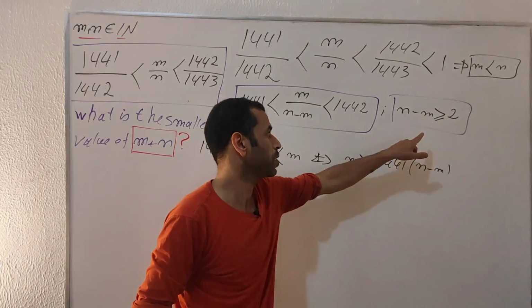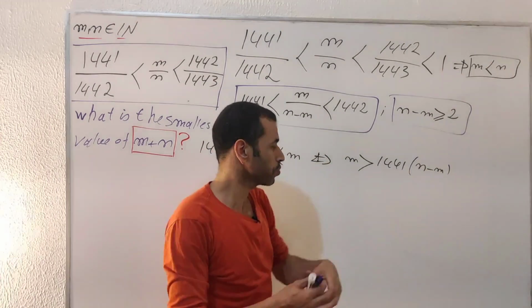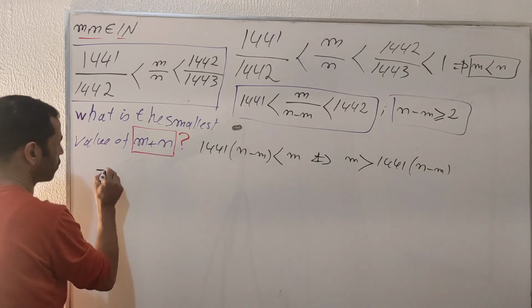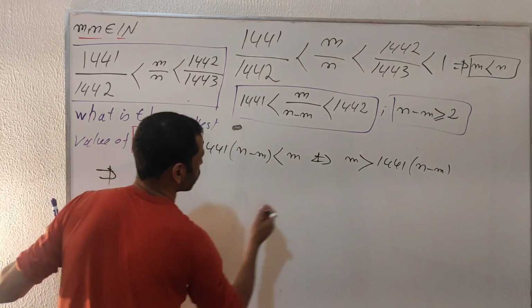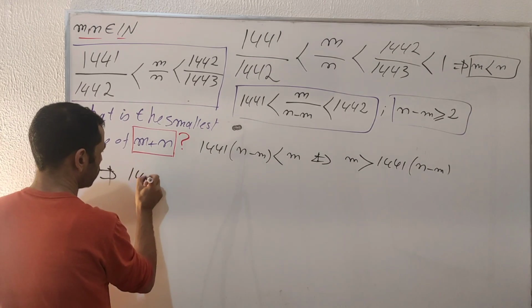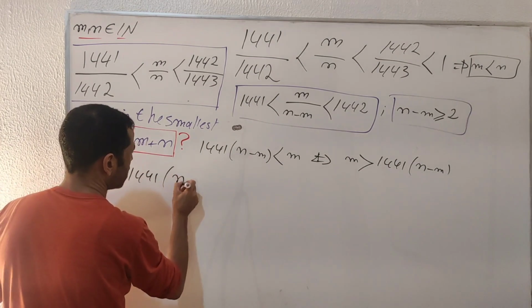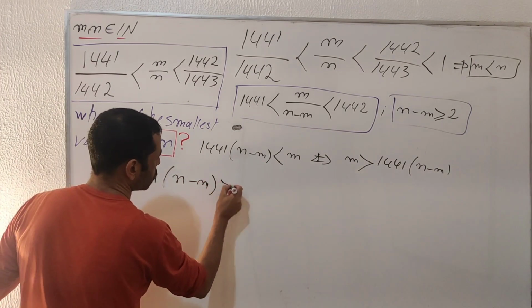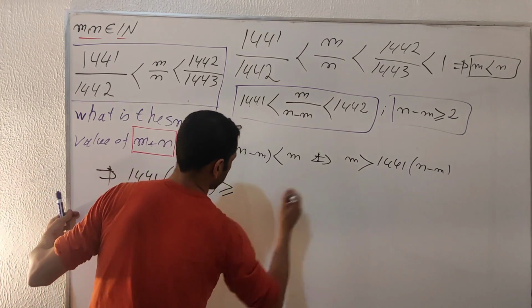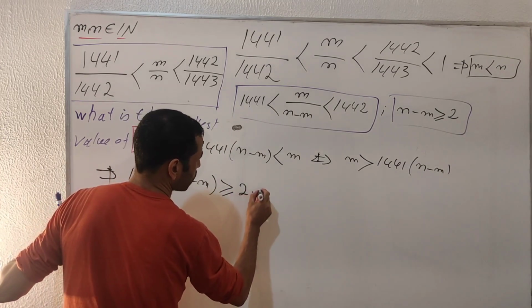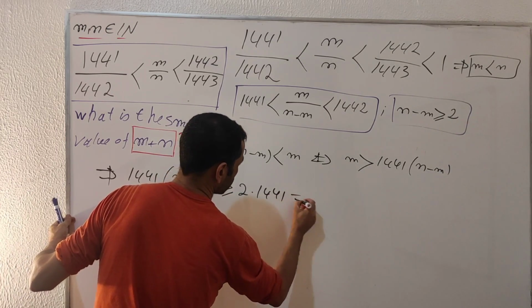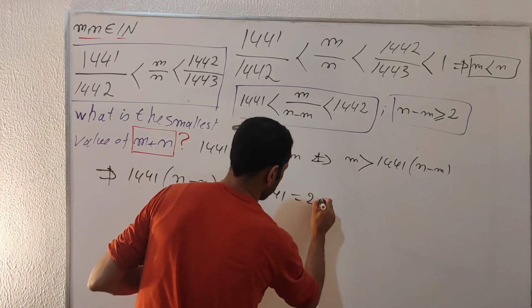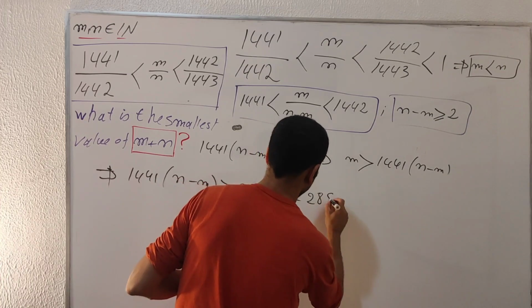So by using the above fact, I get the following. I get n minus m multiplied by 1441. I will have 1441 multiplied by n minus m is superior or equal to 2 times 1441, which equals 2882.